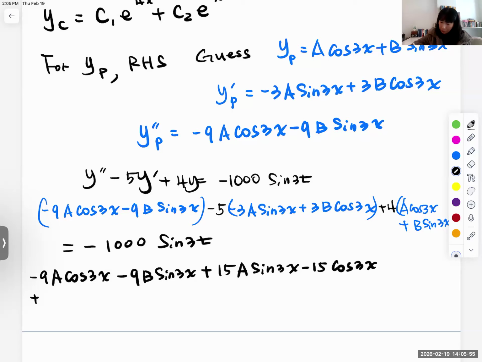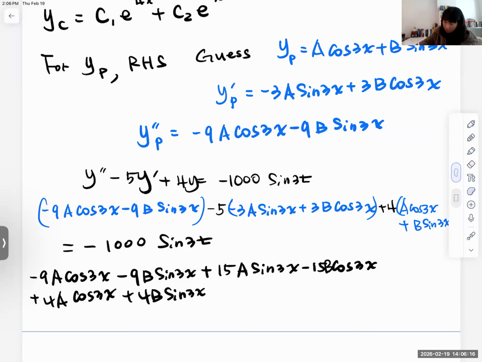So there is a 15b. And then positive 4a cosine 3x and positive 4b sine 3x. Equal to, sorry, a little bit messy, 1000 sine 3t.